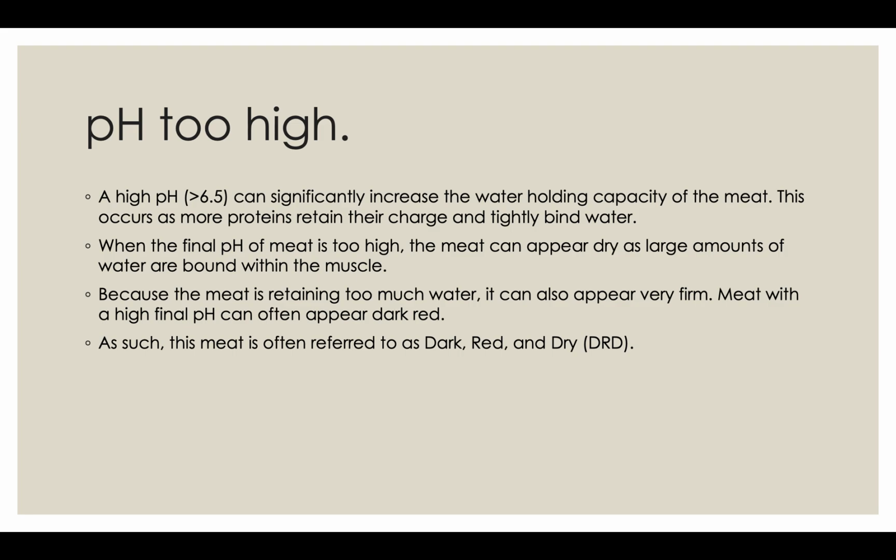Because the meat is retaining too much water, it can also appear very firm. Meat with high final pH can often appear dark red in color. This meat is often referred to as DFD, dark, firm and dry.